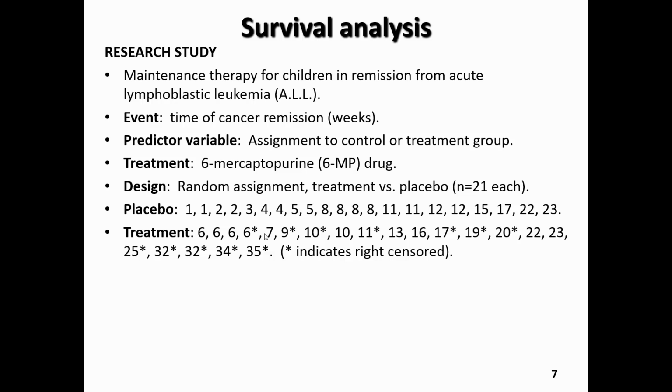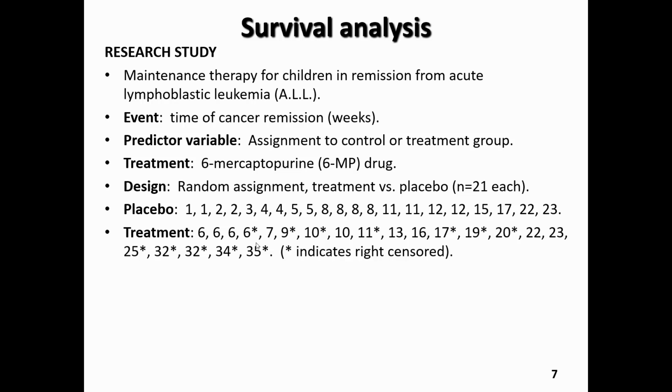The asterisks here, we see one for 6, one for 9, 10, 11, 17, 19, 20, and a few others here at the bottom. These indicate that these participants, who all represent individual patients, are right-censored. And so these all represent patients that remained in remission after the conclusion of the study.